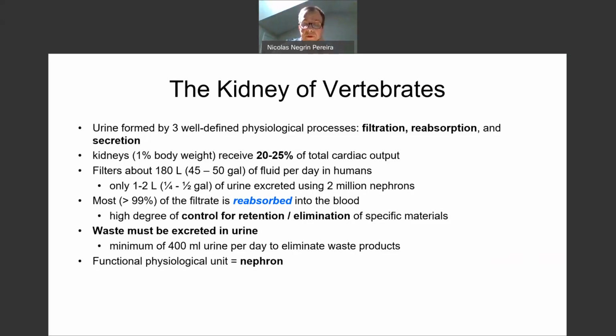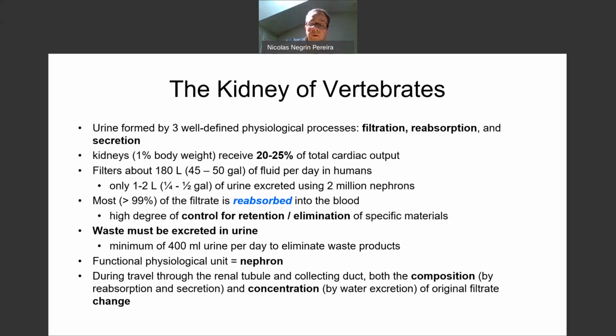The functional physiological unit of the kidney is called a nephron, and we will see that during the travel through the renal tubule, both the composition, by reabsorption and secretion, and the concentration, done mainly by water excretion, of the original filtrate will change. So the original filtrate and the end product, urine, are completely different in composition and of course in volume.